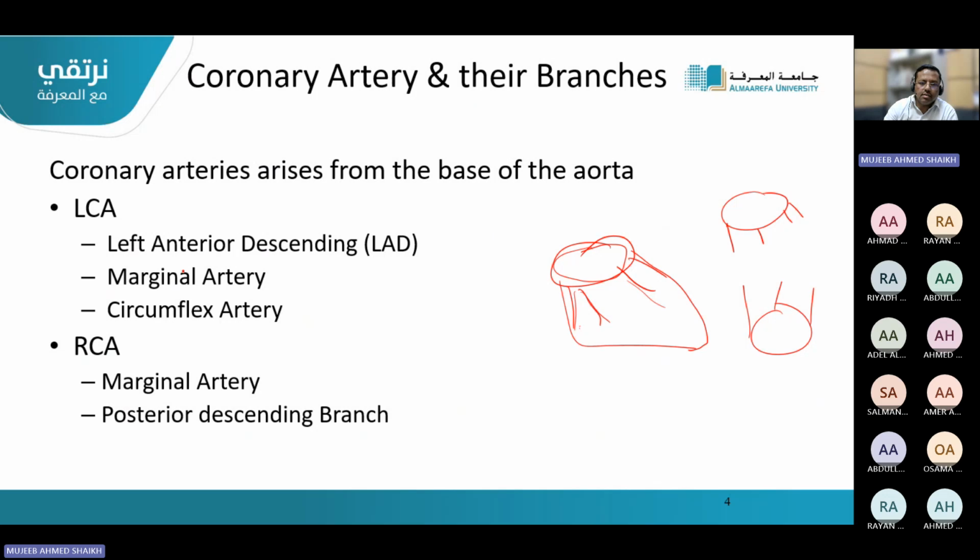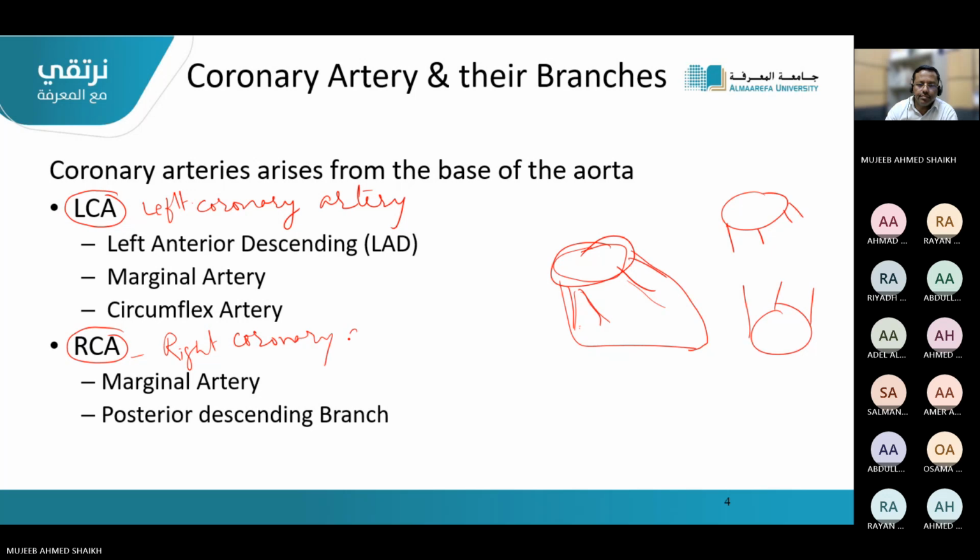There are two main arteries, the right and left coronary artery. This is LCA, the left coronary artery, and RCA means the right coronary artery. So these are the two main arteries.